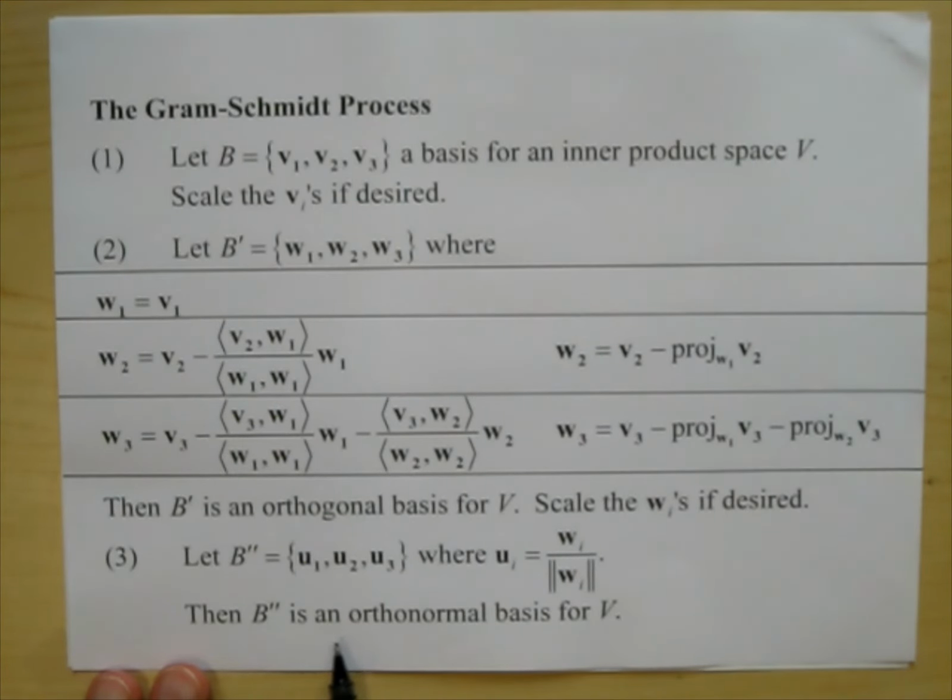And then B double prime is an orthonormal basis for V. So remember, orthonormal means it's orthogonal, but all the vectors in that basis would then have length 1. So sometimes in your homework they'll ask you to stop after step 2 and find an orthogonal basis, and sometimes they'll make you find the orthonormal basis, so you'll have to do all 3 steps.